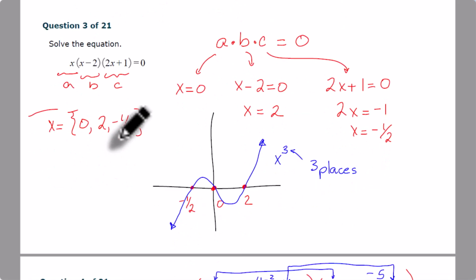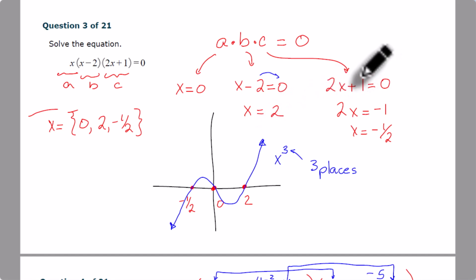Now in question 3, I don't have a quadratic because here I've got 3 pieces. So I still have the possibility of this product being equal to 0. So I just grab each piece, including the one in the front there. So x equals 0, that's one answer. x minus 2 is 0, I can move the 2 and I get x equals 2.